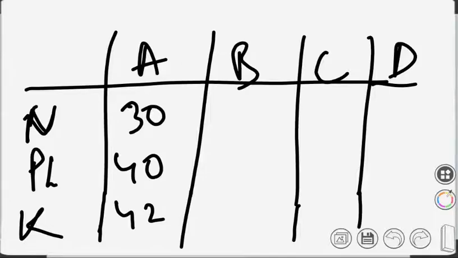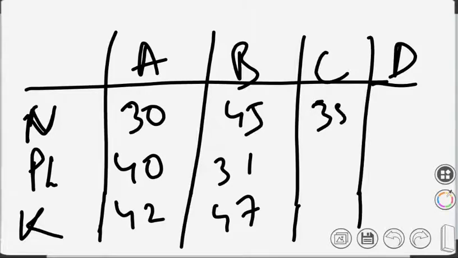If he uses phosphorus in plot A, the yield is 40 quintal. And if he uses potash, the yield is 42 quintal. In plot B it is a similar kind of 45, 31, 47. Plot C is like 38, 38, 40.